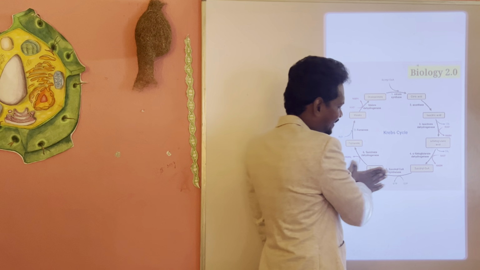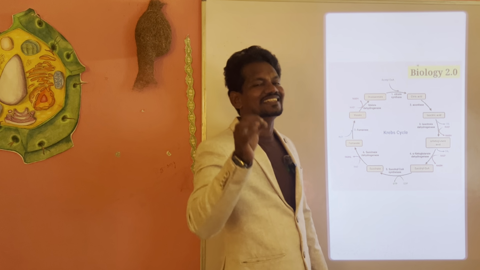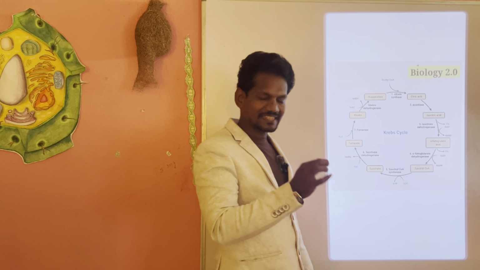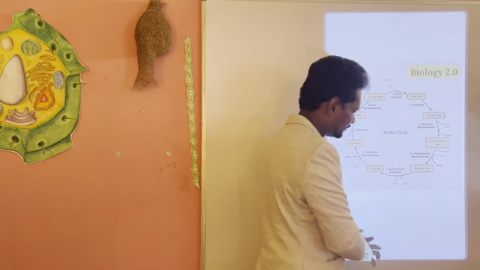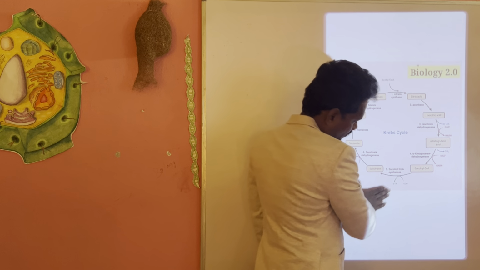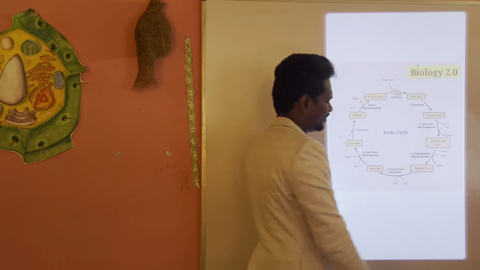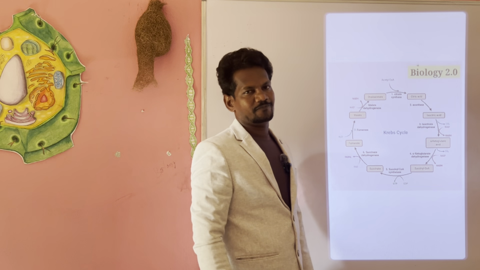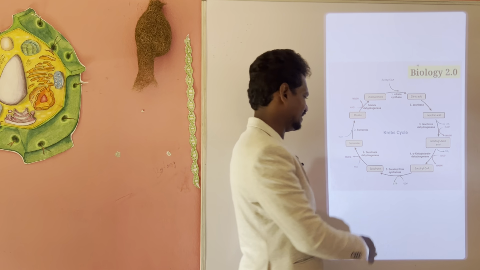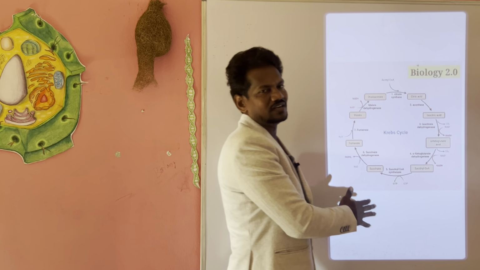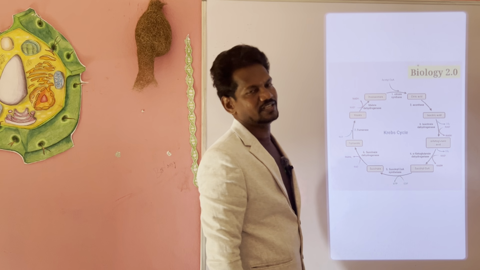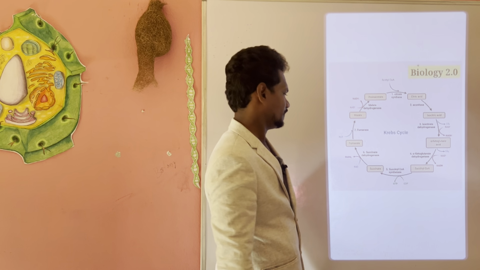The enzyme is succinyl CoA synthetase. And here one GTP will be liberated. GDP is involved and GTP is liberated in this reaction.